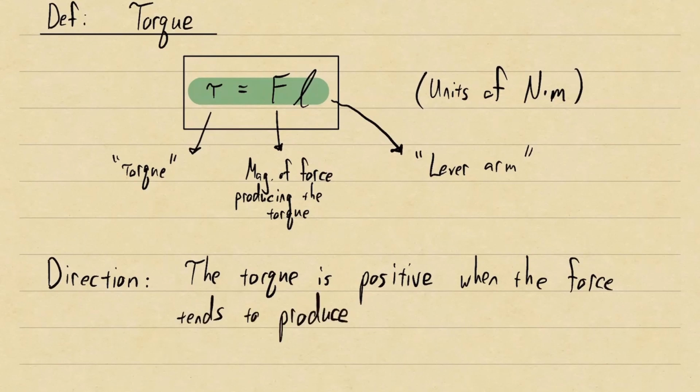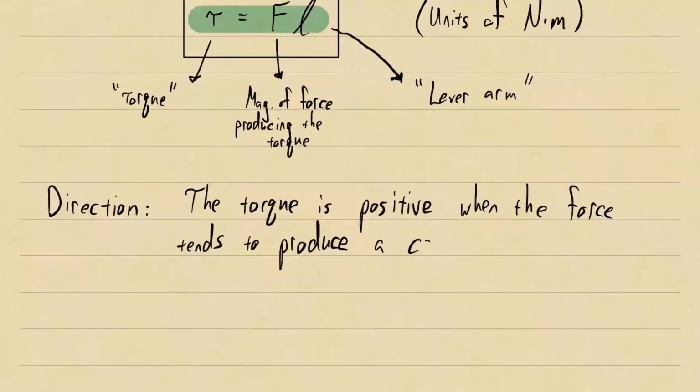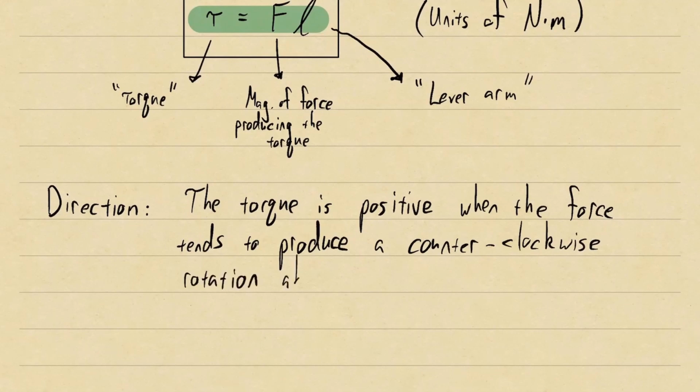When we talk about the axis, we're talking about the axis of rotation. Comma, and negative when the force tends to produce a clockwise rotation.